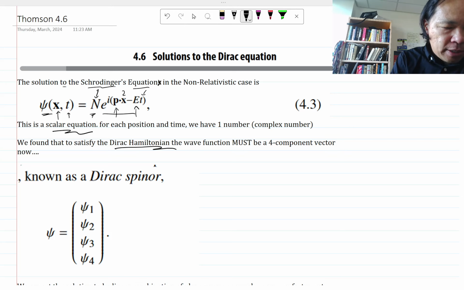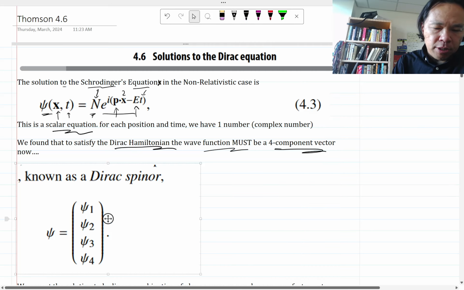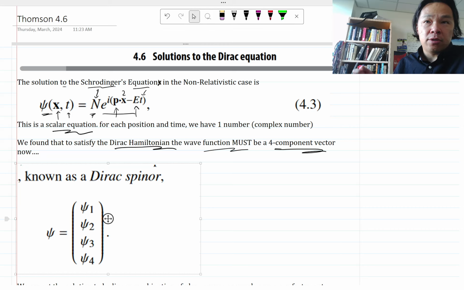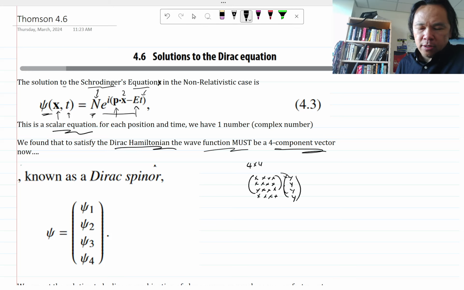If we plug the Dirac Hamiltonian into the Schrodinger equation, what we found is that these wave functions must be these 4 component vectors, because the Dirac Hamiltonian turns out to be these 4x4 matrices. If you have some sort of 4x4 matrices acting on some wave function, in order for this multiplication to even make mathematical sense, you have to have 4 things here.